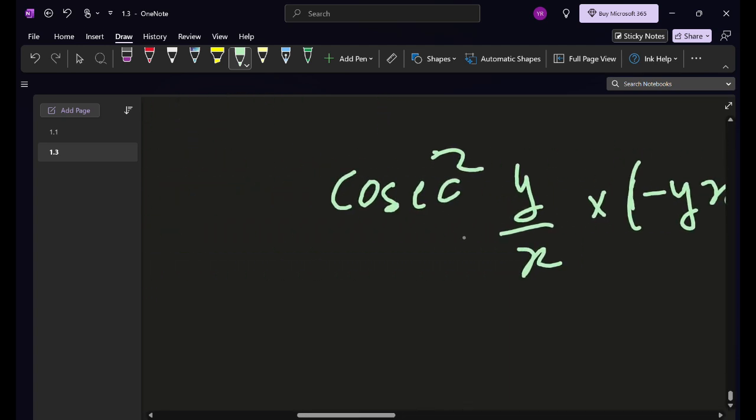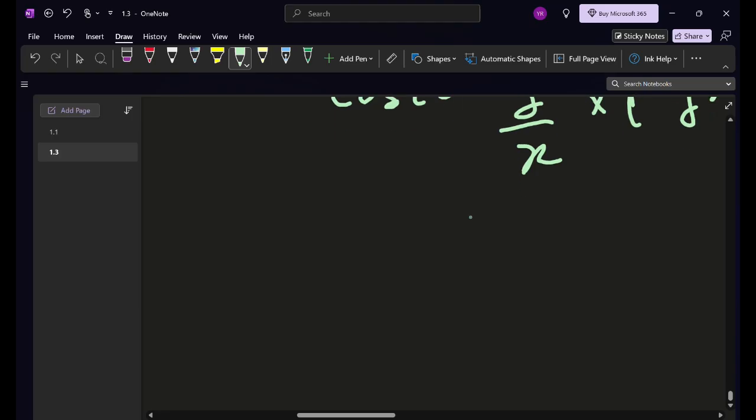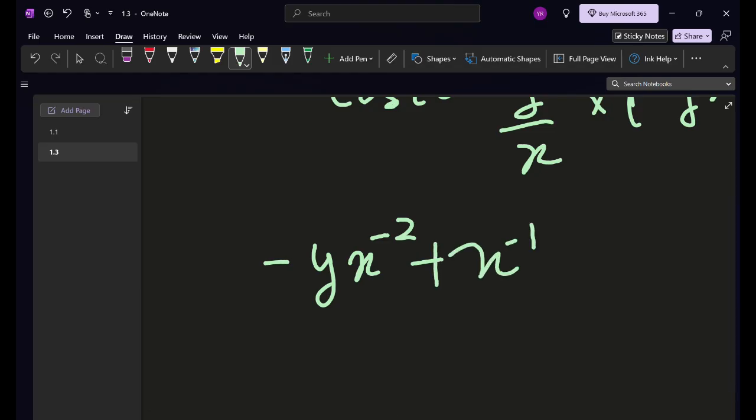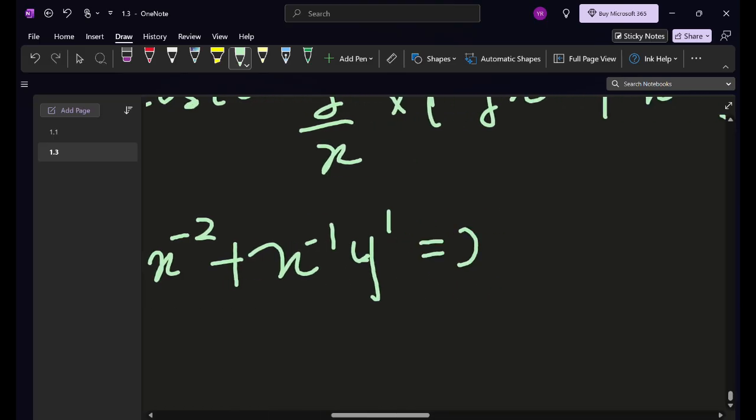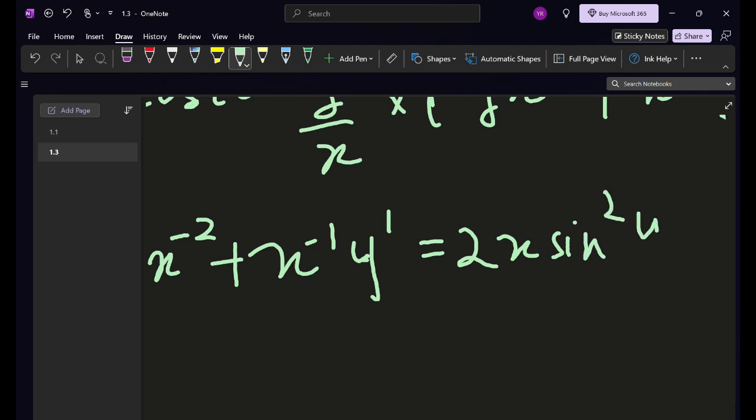And then we're gonna send the cosec square to the other side, and when we send cosec square to the other side, it can be written as sine square. So this equation becomes minus y x to the power minus 2 plus x to the power minus 1 y dash is equal to 2x sine square y by x.